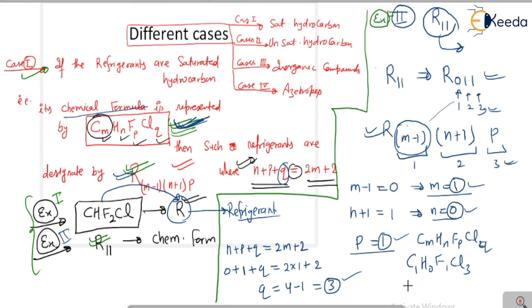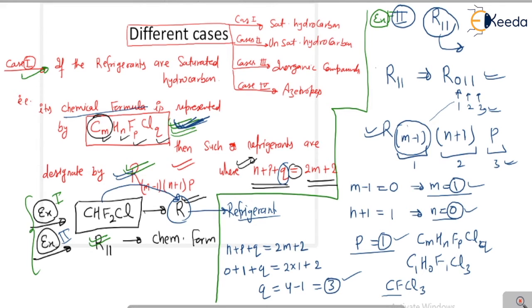So we can write this equation in a very easy manner. That means C1, we can write this C1 as C, and the value of H is 0. That means here absent of H. Okay, the value of F is 1. That means F1 is going to be written as F, and the value of Cl3 is nothing but Cl3.